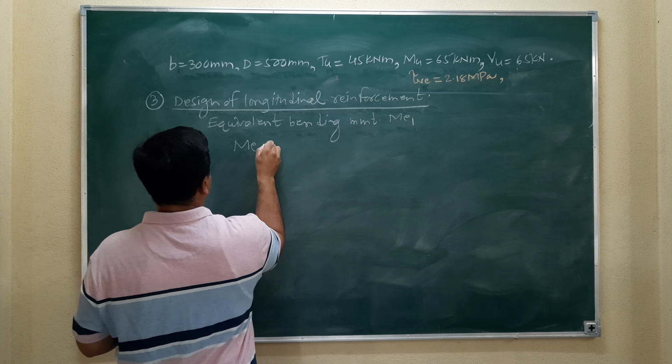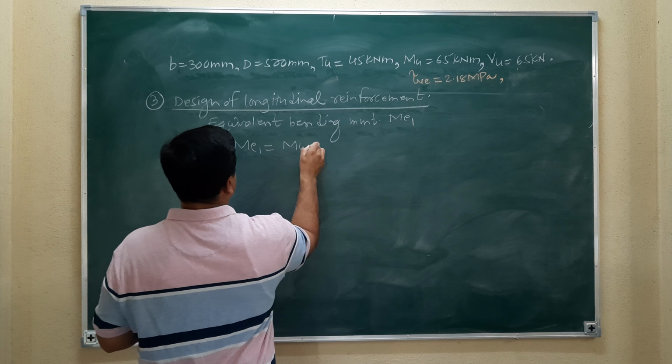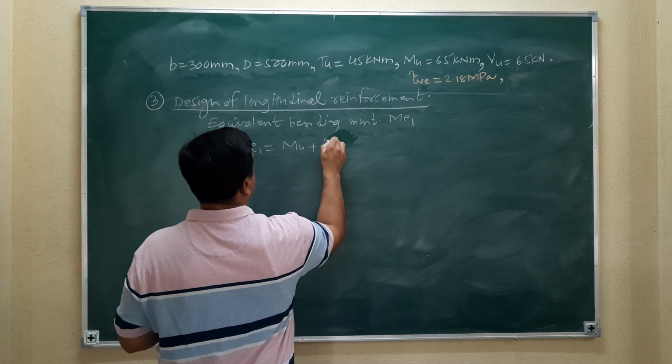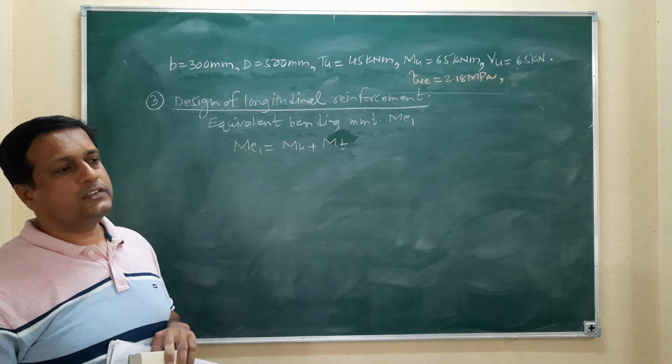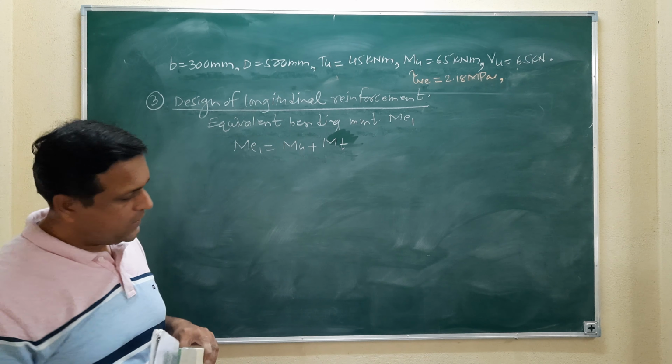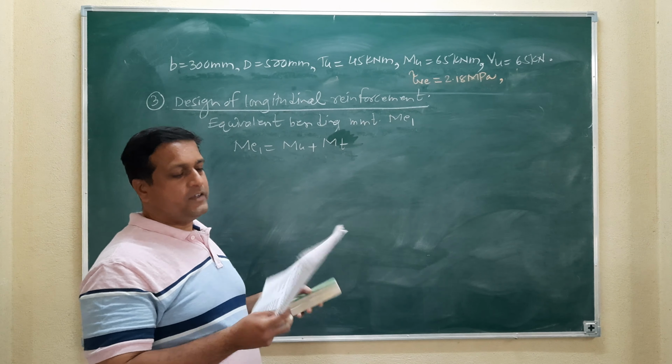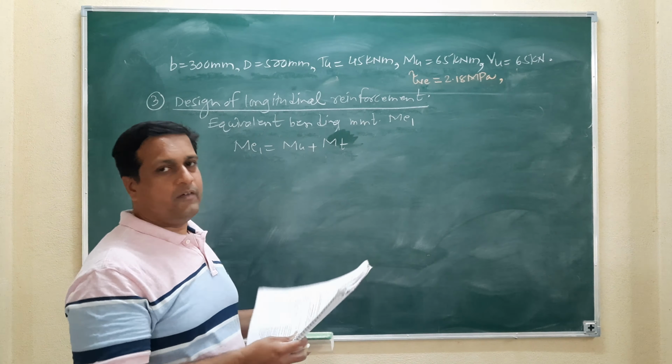We know that ME1 is equal to MU plus MT. This formula is available on page number 75. MU is given in the question. MT is TU into (1 plus D by B) divided by 1.7.